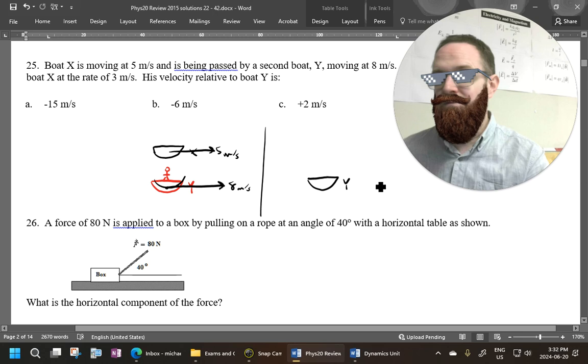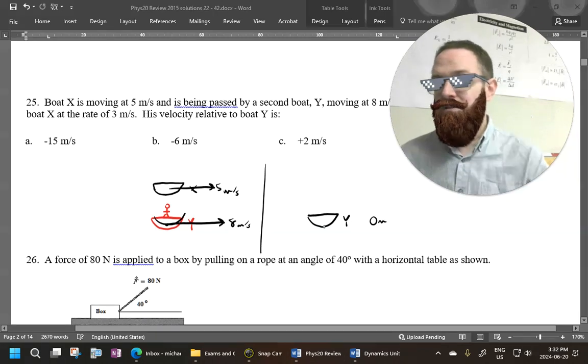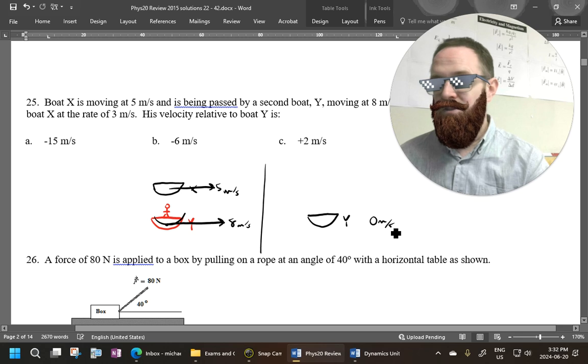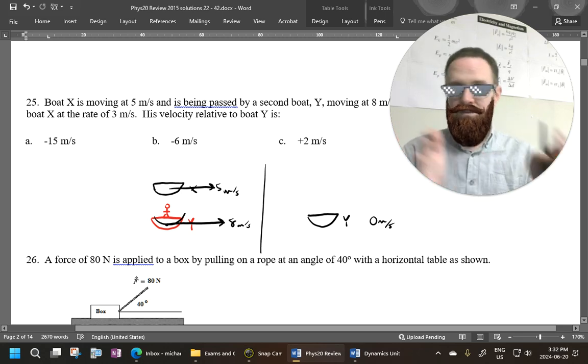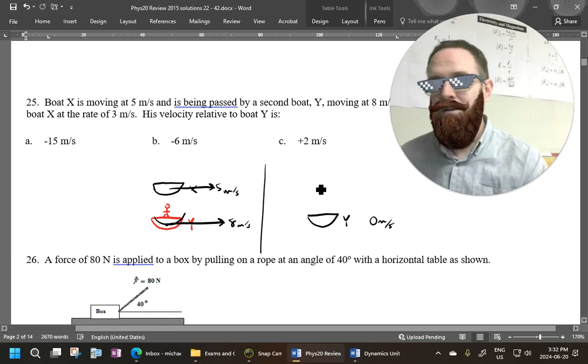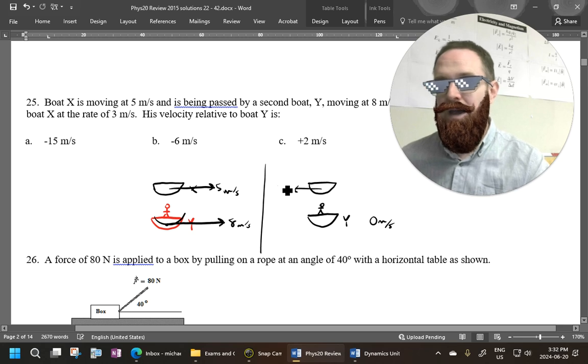So boat Y's velocity is 0 meters per second. I've just changed the reference, so I moved the reference from 8 meters per second to 0. So I'm subtracting 8 from everything. Now it looks like to a guy standing on boat Y that boat is actually moving back at minus 2 meters per second.